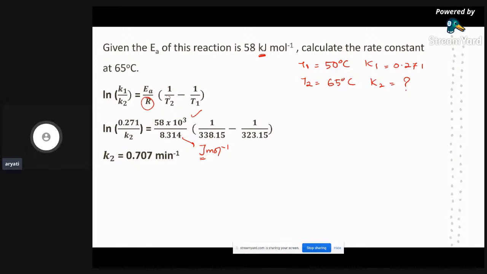Okay, the value of temperature for each T1 and T2 you need to convert to Kelvin. So degrees Celsius convert to Kelvin, you need to add. Okay, T1 is 50 plus 273.15. T2 is 65 plus 273.15. So you will get the value of K2 is 0.707 per minute.